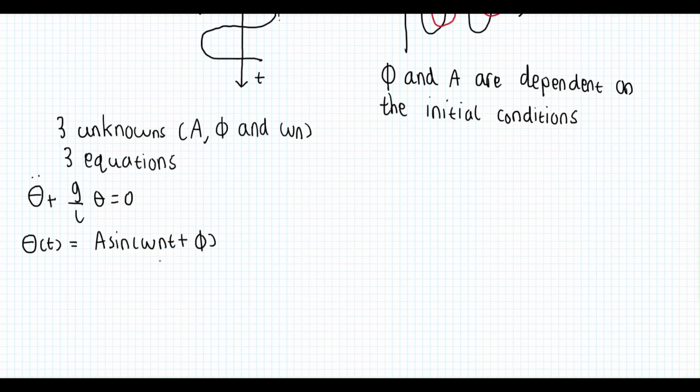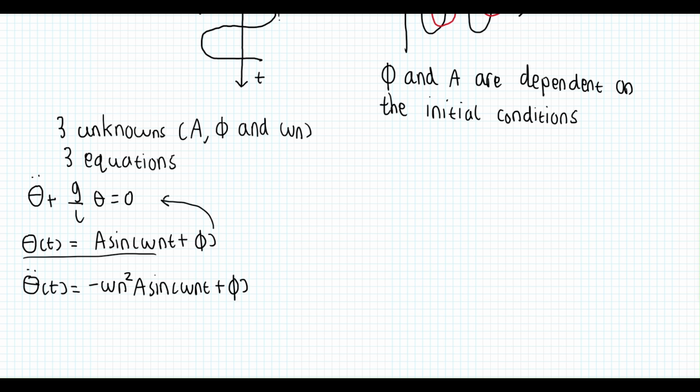Now we're going to obtain the double derivative of this function, and that's going to leave us with the double derivative of theta equal to minus omega n squared A sine omega n t plus phi.